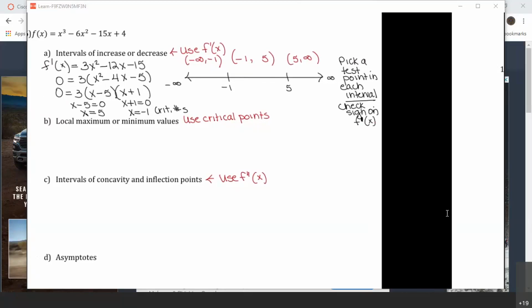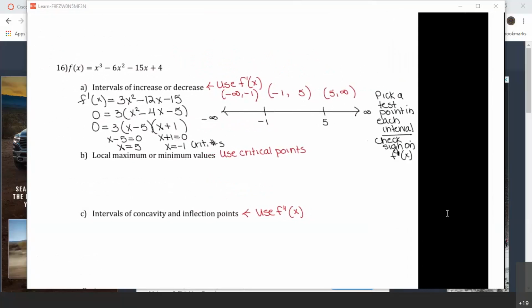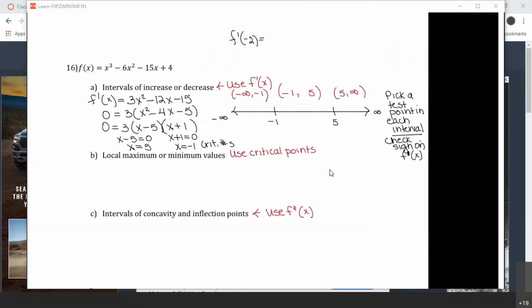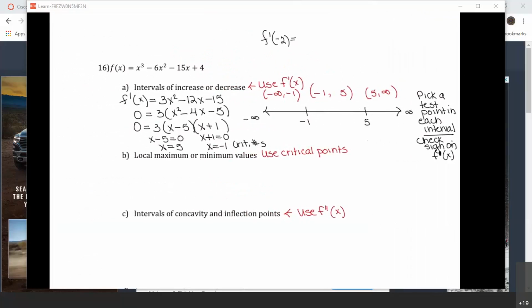So here's the derivative. I'm kind of running out of room here, so I'm going to work up on the top. In my first interval, I might pick f prime of -2. That's in the leftmost interval. I'm just plugging it into the derivative, and I'm trying to figure out what's the sign of the derivative. So I'm going to use the factored form of the derivative.